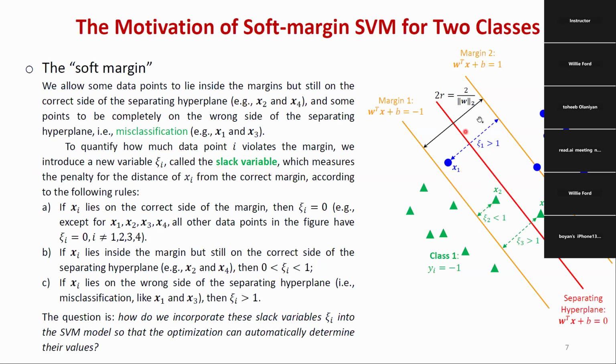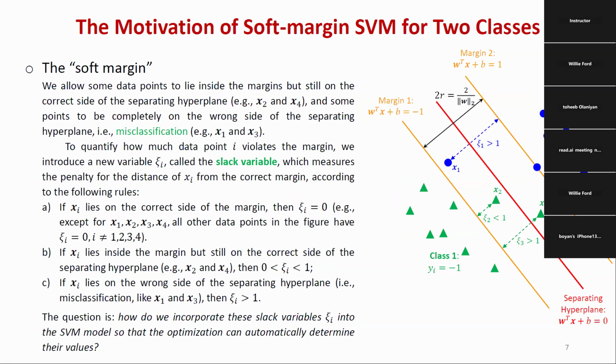We want to define ξi for these cases. First of all, if xi lies on the correct side of the margin, for example all these cases, let me use the red color, these data points are all correct. So if they lie on the correct side of the margin, then I want the slack variable ξi to be 0 for these data points.